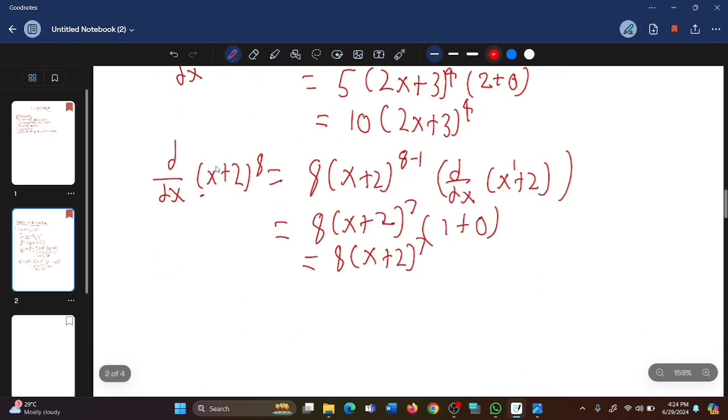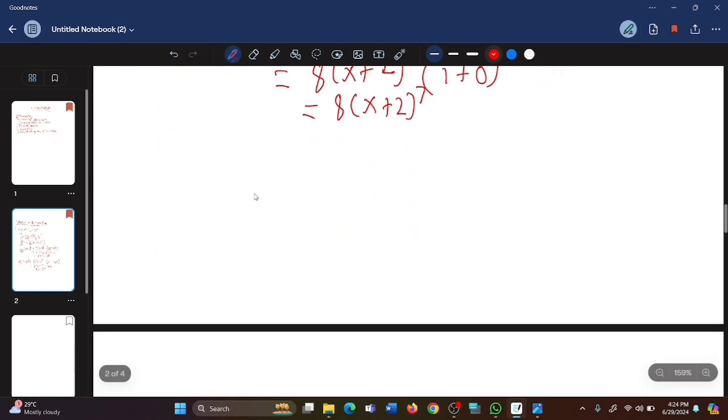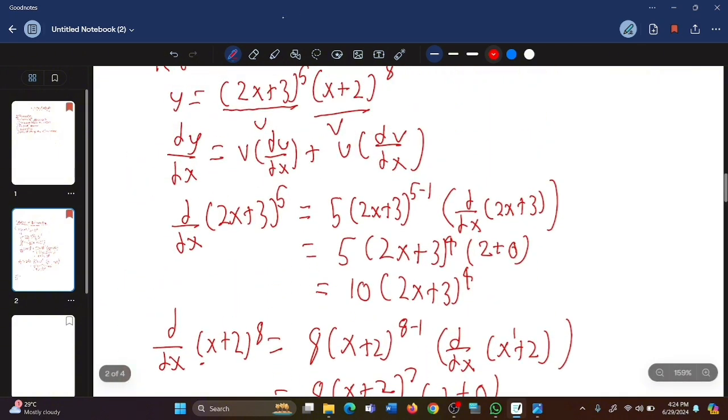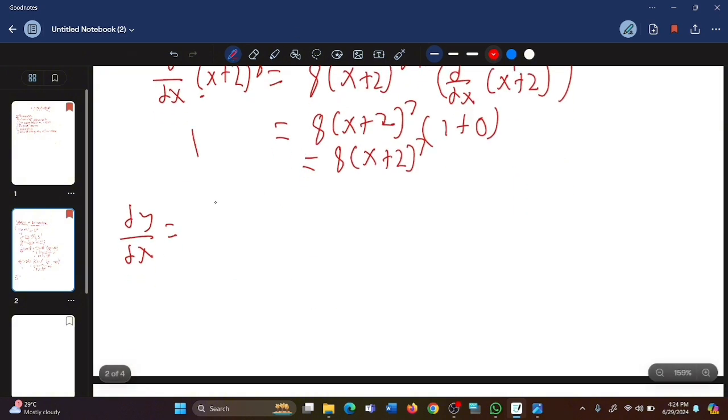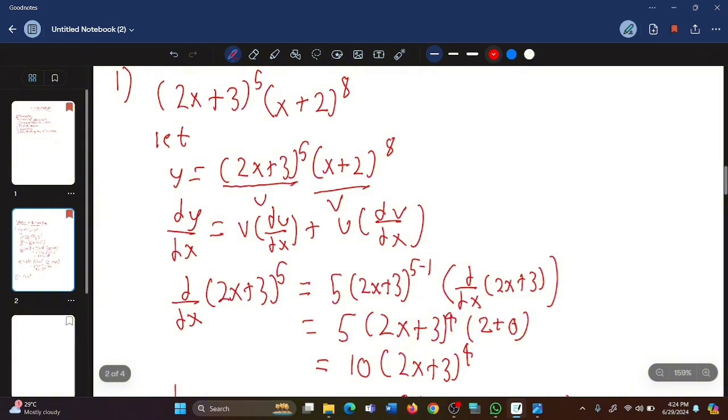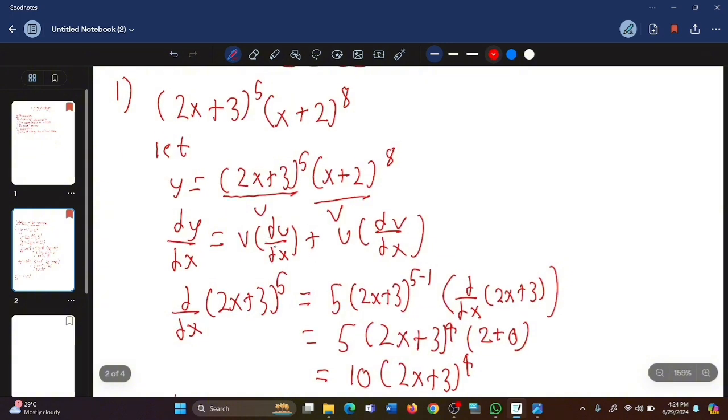Now let's substitute dv/dx and du/dx in this formula to find dy/dx. So what is v? First we need to put v. What is v? (x plus 2) to the power 8. Then we put du/dx.